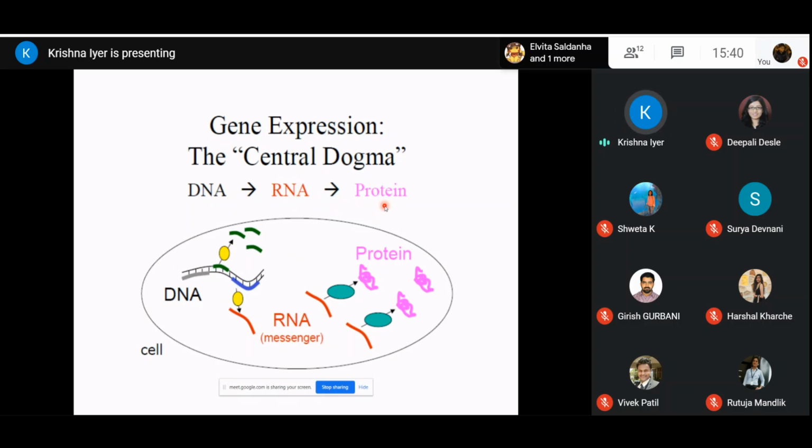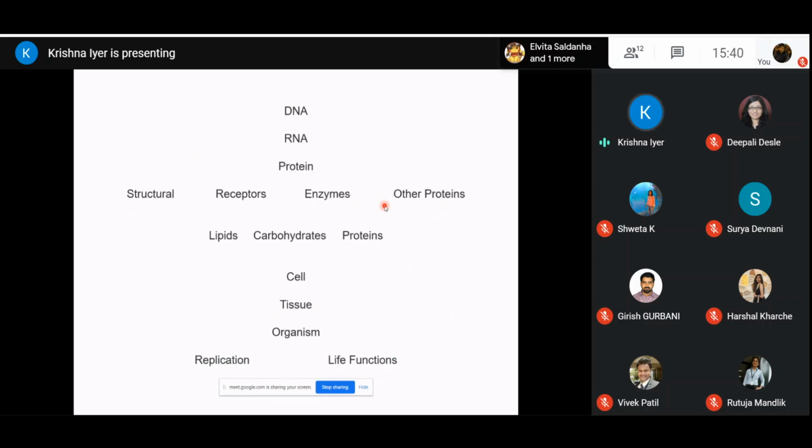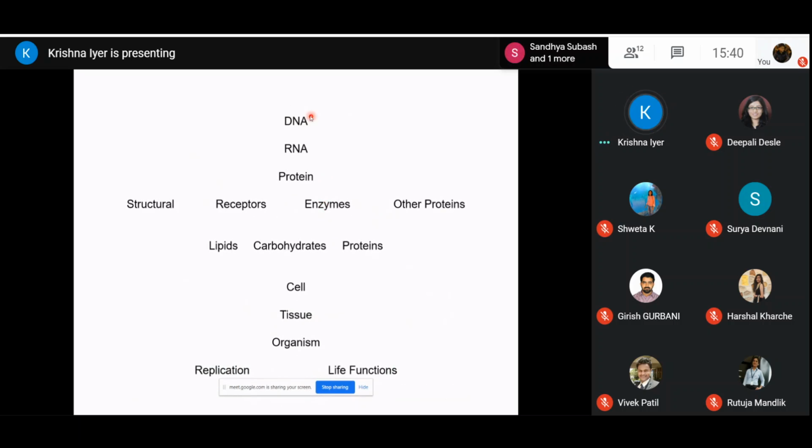But this is only part of the story, because if you think very carefully, when DNA is read to give you RNA and then proteins, the proteins actually produced can be of different types: structural proteins, receptors, enzymes, and other proteins, many of whose function is probably still not known. They come together to form the different biomolecules present in the cell.